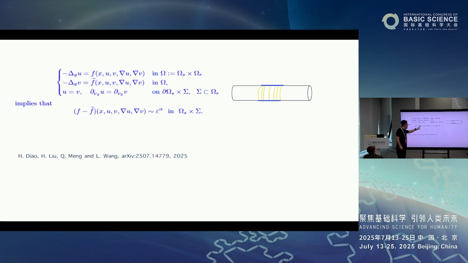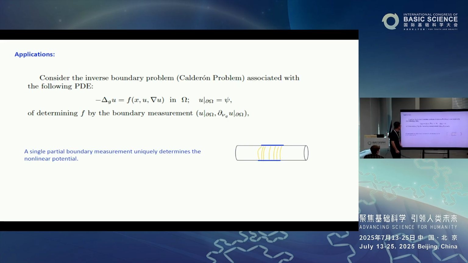Now, if this is true, we can have a direct application. Let's consider the inverse boundary problem, again the Calderon problem associated with this semi-linear PDE. We get minus Laplace g u equal to f of x, u, gradient u in the domain omega, and on the boundary we get phi. Suppose we want to determine this nonlinear potential f by the boundary measurement, again the same as before.